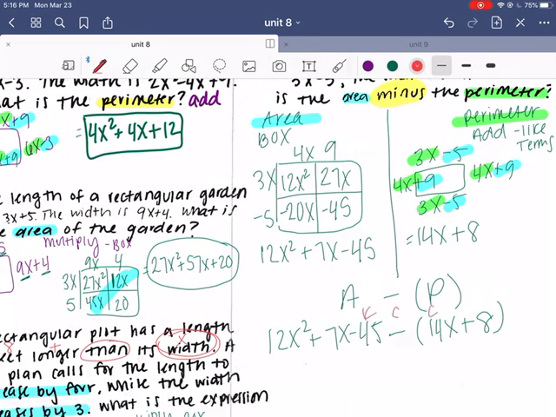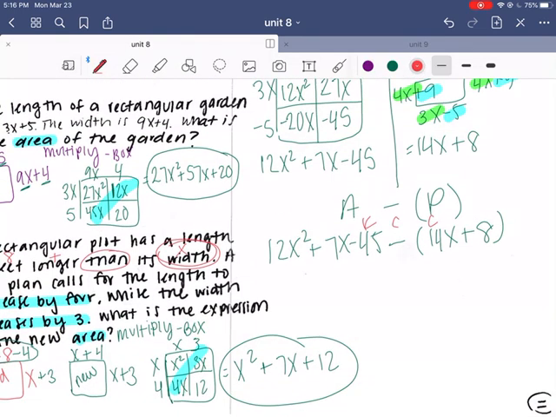Keep change. If I'm moving too fast, you just slow it down, pause it, catch up where you need to. Keep all of those things in the first polynomial, change the signs in the second. Not using that anymore, and then I have like terms. I only have 1 x squared, but I have 2 x's, and I've got 2 constants.